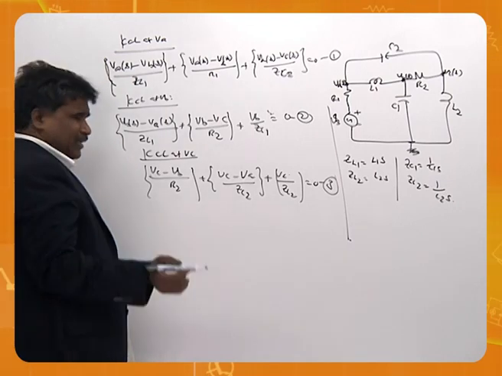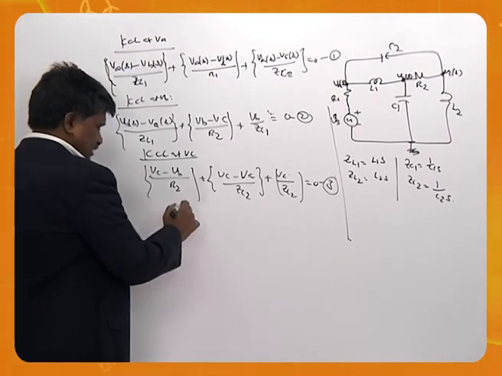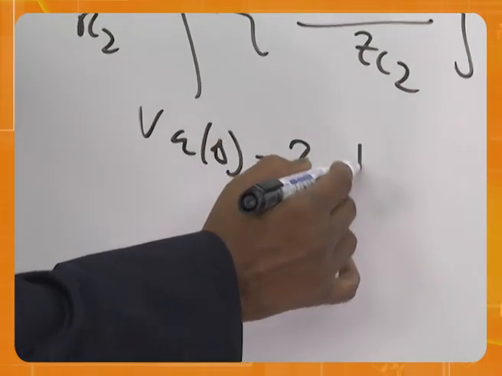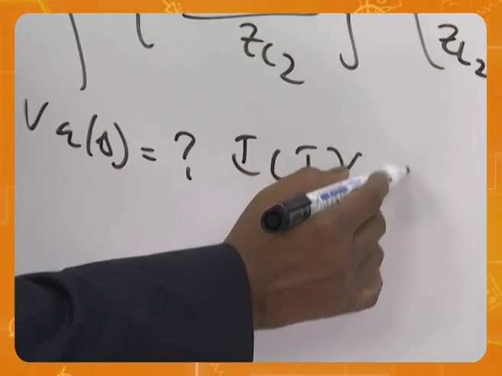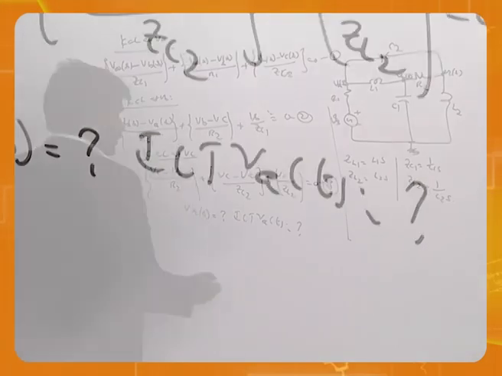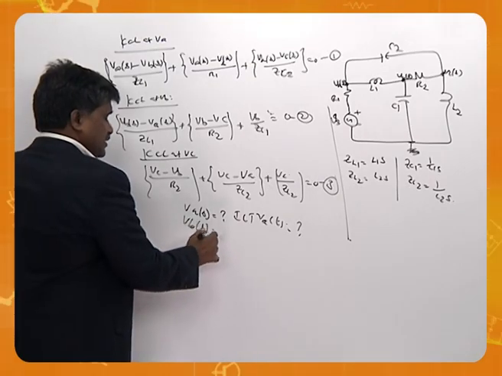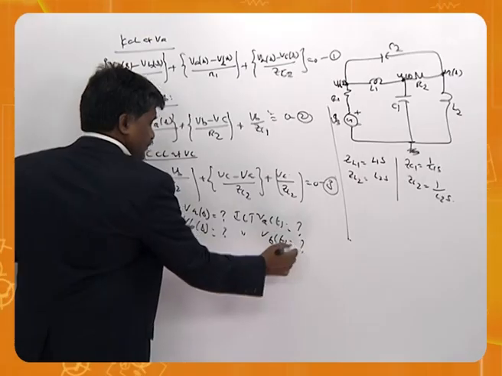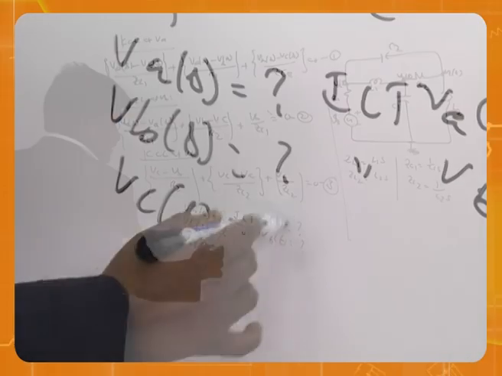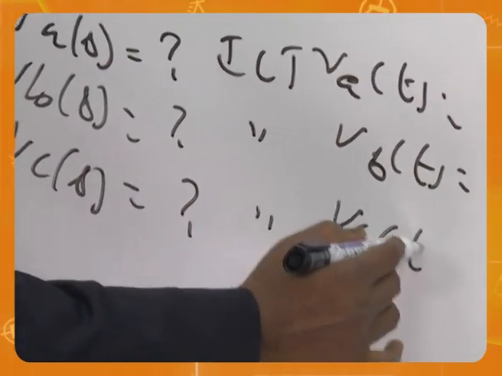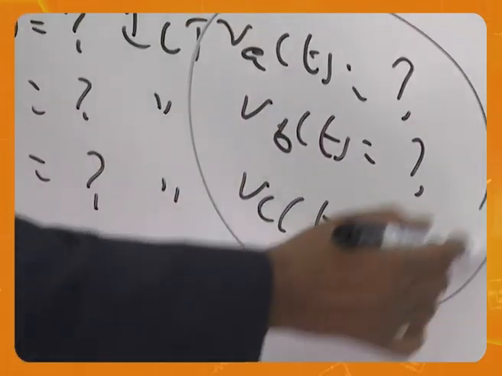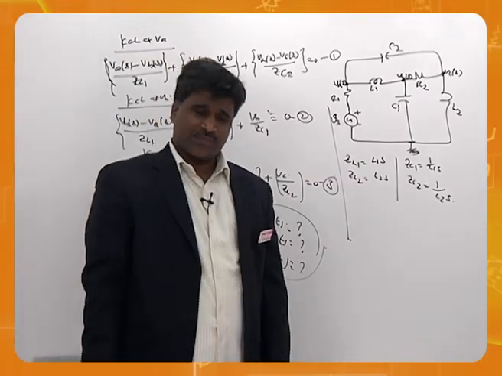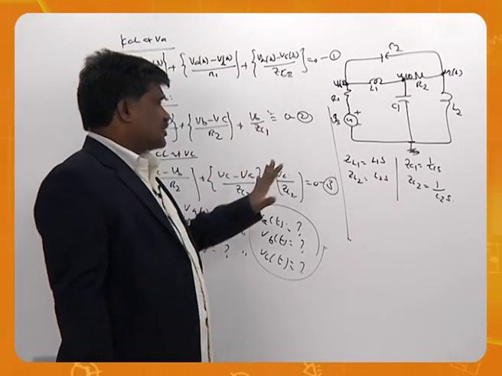And we need to calculate now, for example, VA of S. If we take inverse Laplace, VA of t, like that VB of S inverse Laplace VB of t, VC of S inverse Laplace VC of t. Like that we can calculate currents in time domain also. So these are the equations in S domain.